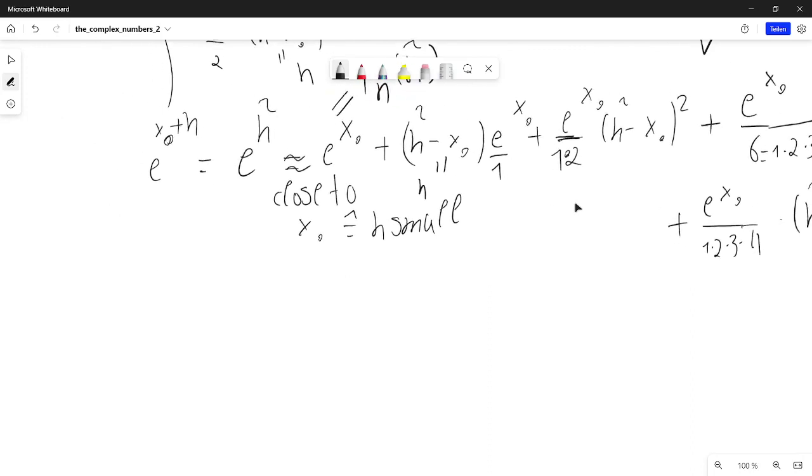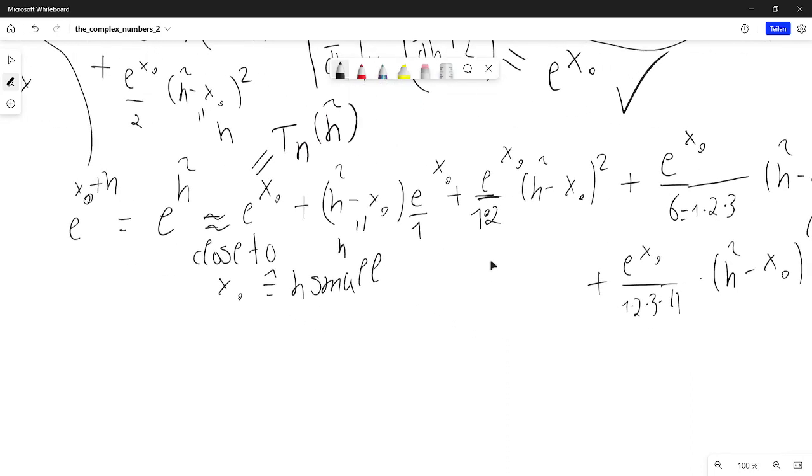Right, and we claim, well, the nth derivative d^n/dx^n of e at x0 is equal to the nth derivative of T_n of h tilde.